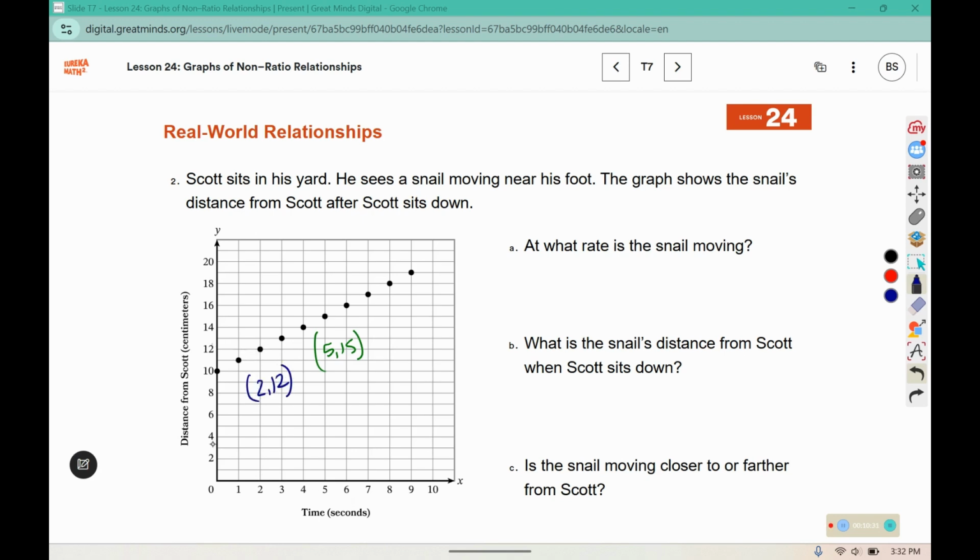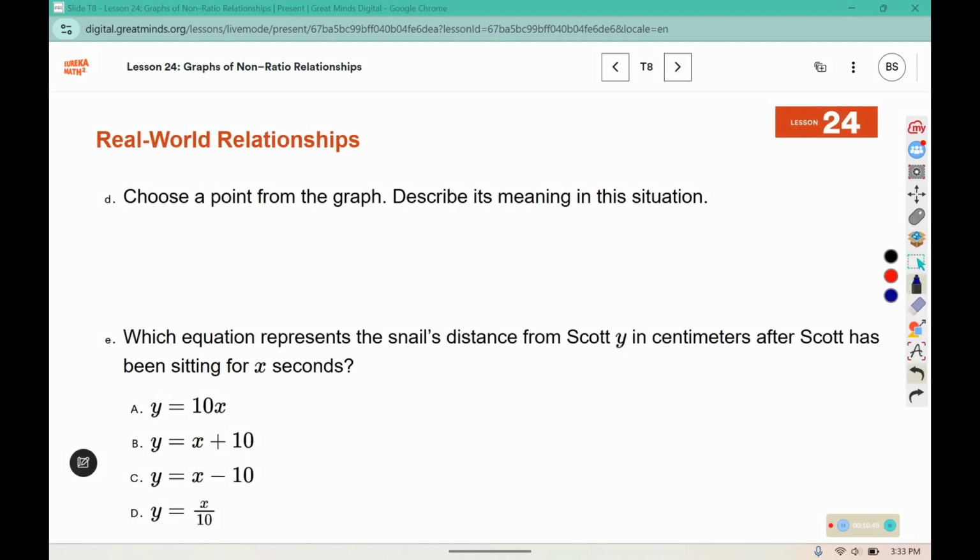So if I'm trying to go from the time to the distance, 2 plus 10 is 12, and 5 plus 10 is 15, because when he started, the snail was 10 away from him. So we want B, which says the time plus 10 tells us the centimeters.